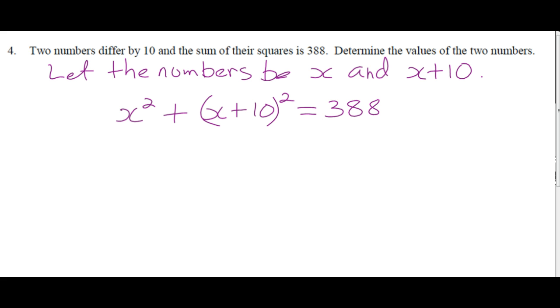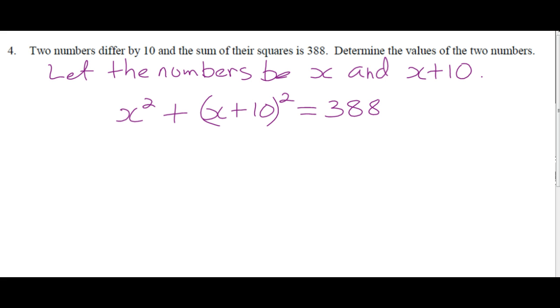We have to translate English into math. Two numbers differ by 10. So you try the two numbers, then you try different numbers for them. You say if x is 5, 5 and 15. Okay, those differ by 10. What if x is negative 2? Like negative 2 and 8. Okay, they differ by 10. Now what? The sum of their squares.